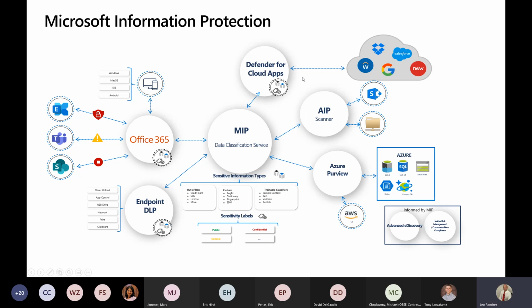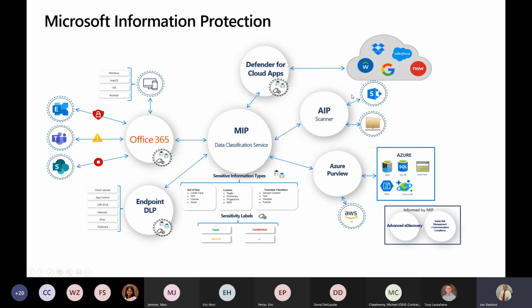Moving over to Defender for Cloud Apps, this is what used to be called MCAS. This is the CASB, which can be used to identify, protect, and classify sensitive information in third-party clouds like Google or Dropbox.